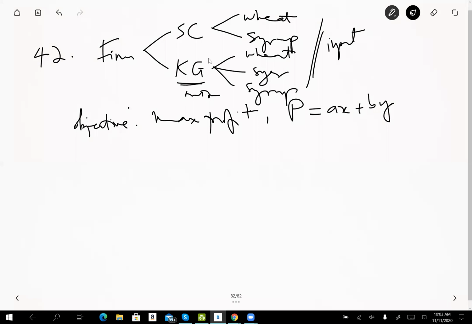So the variables are the cereals. Let X be the senior citizen cereal, and the units are pounds, and then Y is the kids meal, also in pounds. So make sure you have the variables, the X and Y, clear.